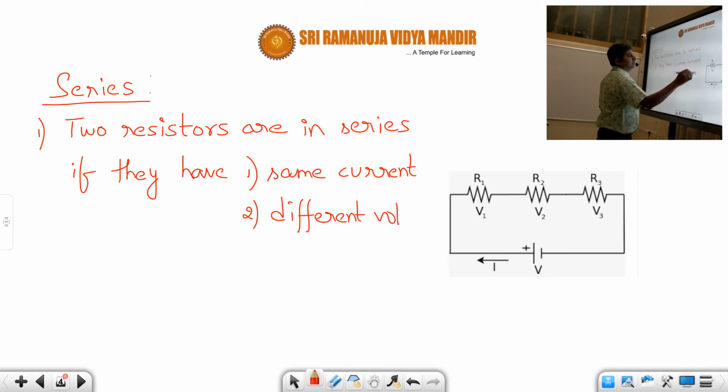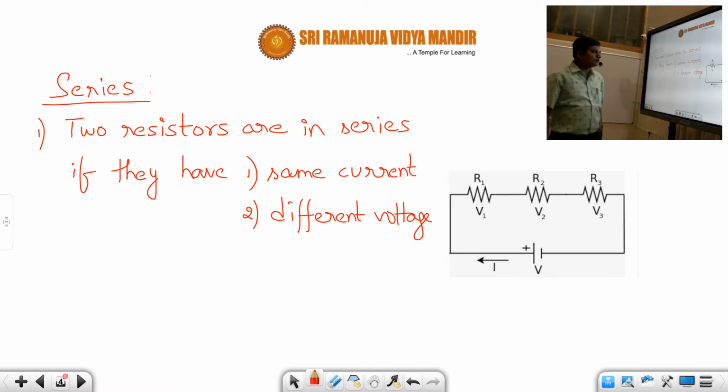So that means current should remain the same and voltage should be different, then those two resistors are said to be in series, students.